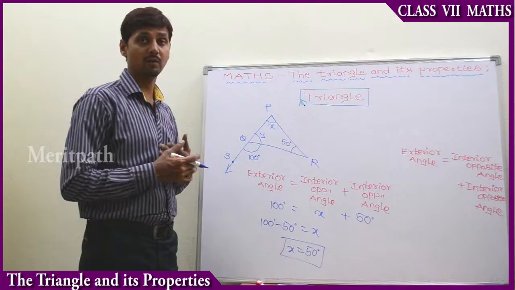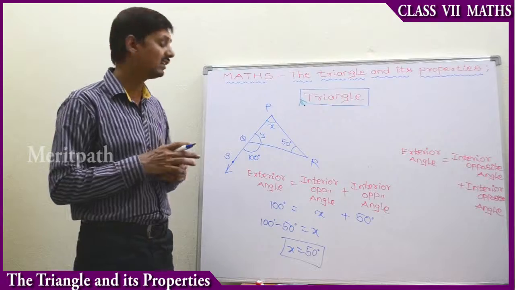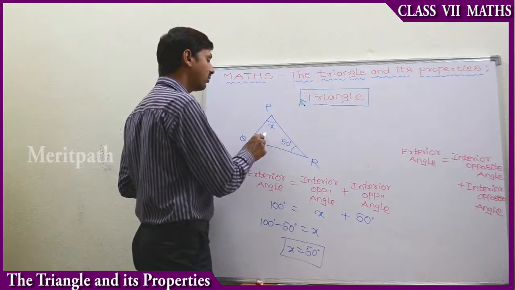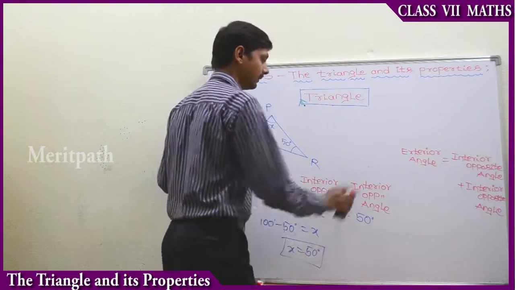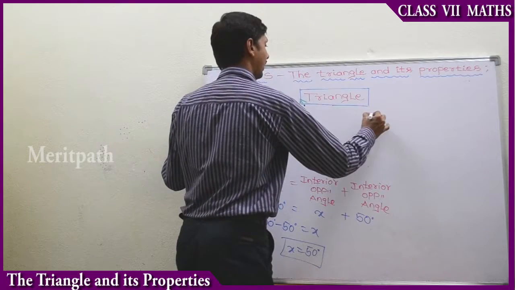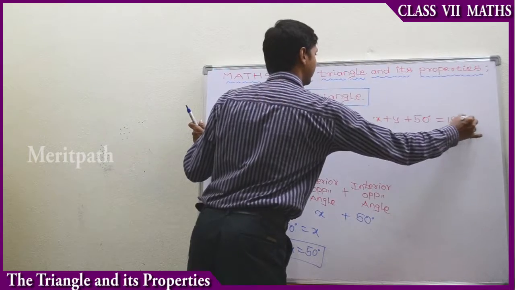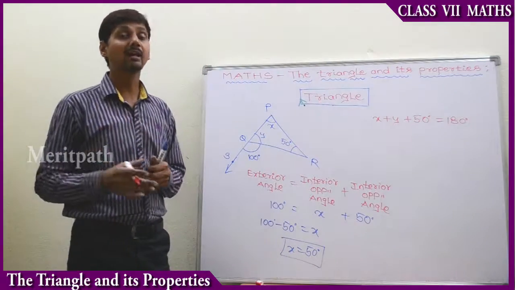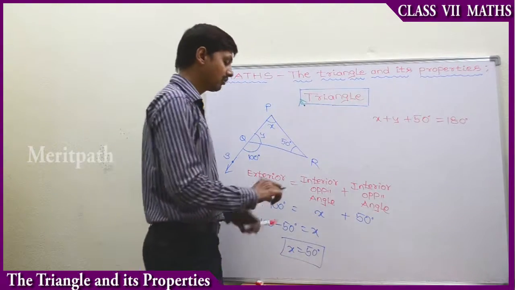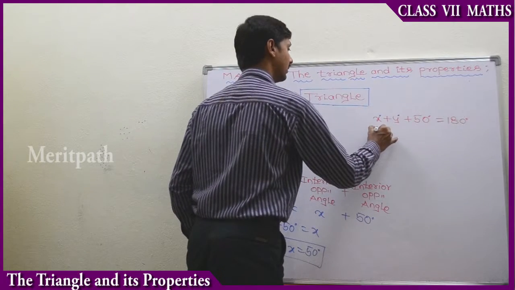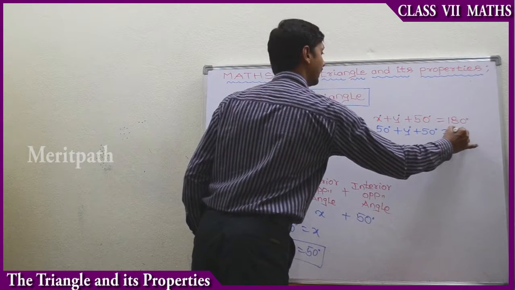Now we need to find the value of y also. As we know, the sum of the three angles of a triangle is equal to 180 degrees. That is, x plus y plus 50 is equal to 180 degrees. As we know the value of x is 50 degrees, 50 plus y plus 50 is equal to 180 degrees.